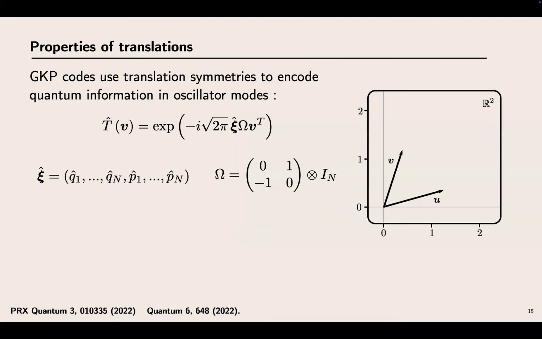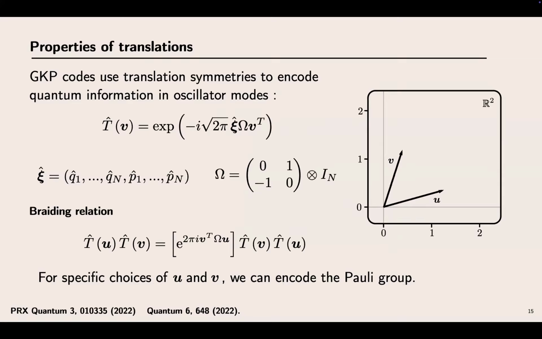Okay, so GKP codes are actually translation symmetry codes. Generally we use displacements, but I use translations. These are just scaled versions of it, just to make it easier for me. And we get the mode operators, mode vectors if you want, and the anti-symmetric matrix, the form, right? These translations in phase space will commute, but with a certain condition, which we call a braiding relation.